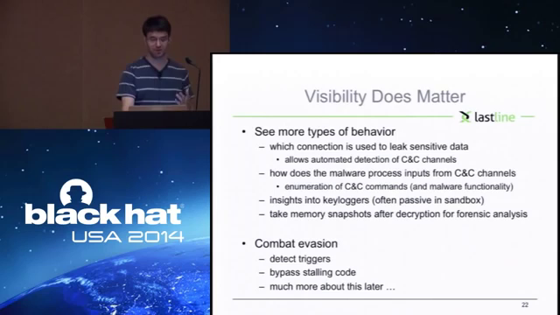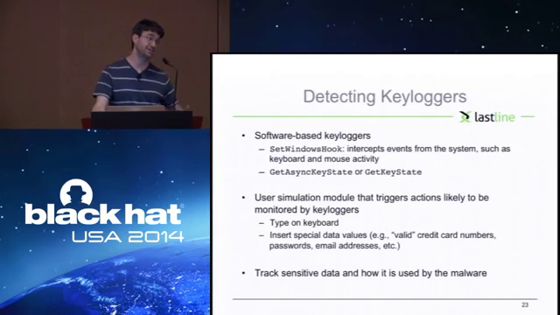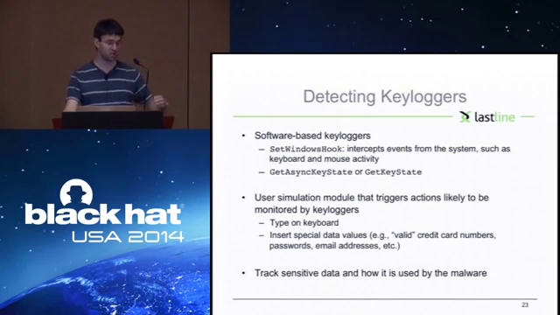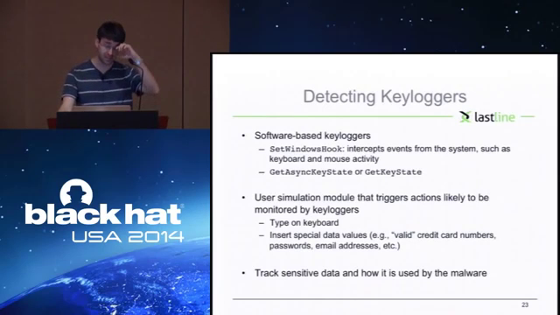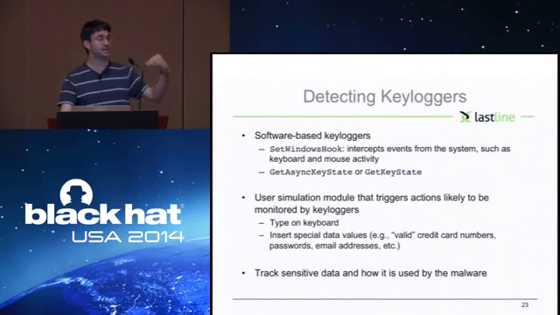Okay, and so what I just said is summarized here. We can detect keyloggers not only based on the fact that they hook system calls, because they might use SetWindowsHookEx or GetAsyncKeyState to understand if someone is typing something, but we can actually track how the data that the user types, or how data that enters the process by reading these keystrokes, is processed by the malware.